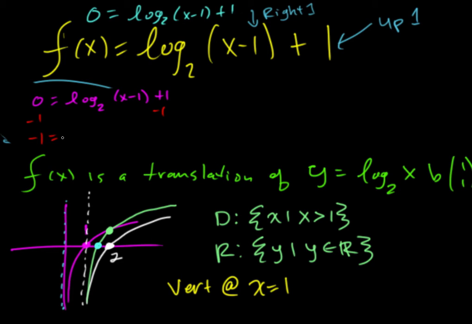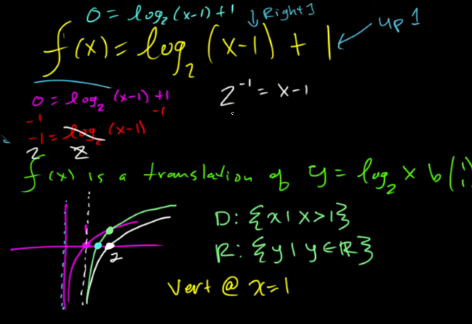So we get negative 1 equals log base 2 of (x minus 1). Now to undo a log base 2, we need to do a big 2 on both sides. So we get 2 to the negative 1, these cancel, equals x minus 1.